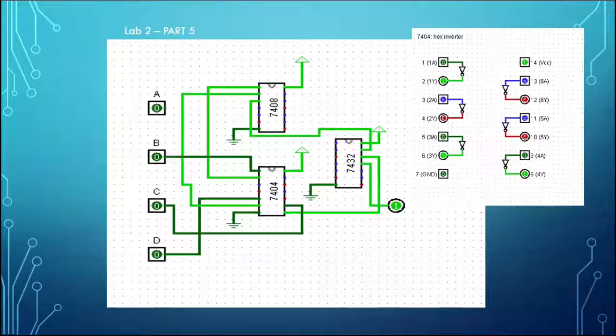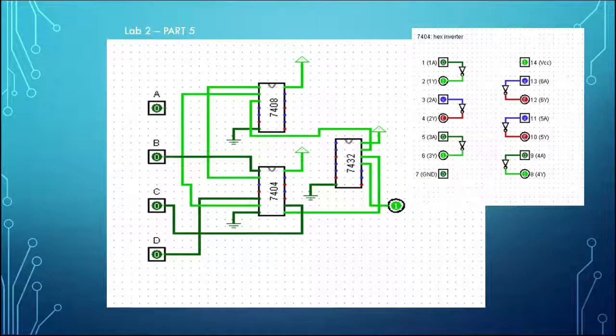So this is part 5 of the lab, and this is just the 7400 ICs, and so it's just another representation of the same circuit. So in the 7408 part, that's the AND gates.